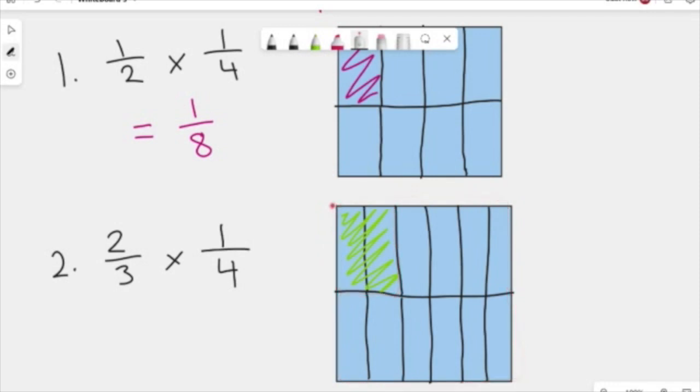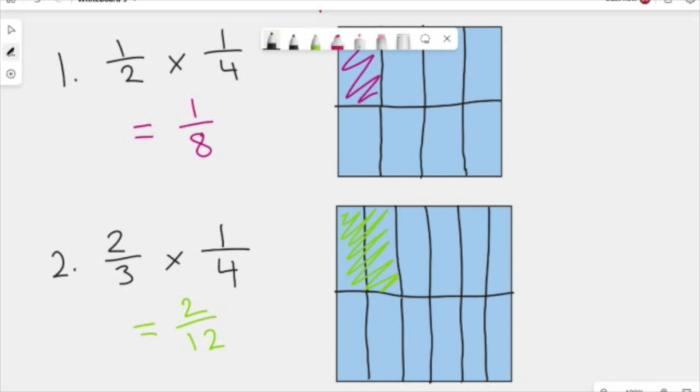So what have we broken this up into? We've broken this into 12ths now. And 2 of these make up our entire space of 12 blocks. So what have we found? We found that 2/3 of a quarter is 2 on top of 12.